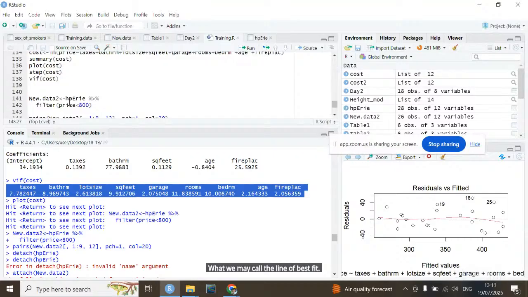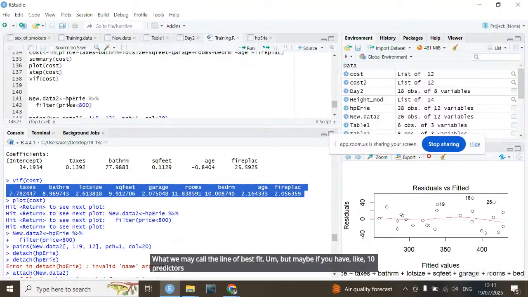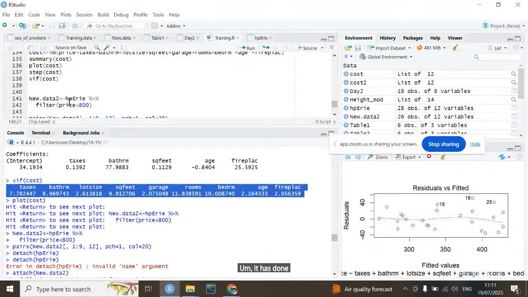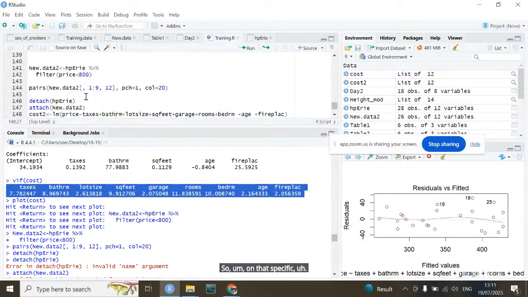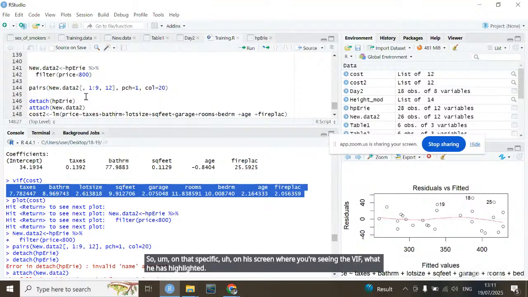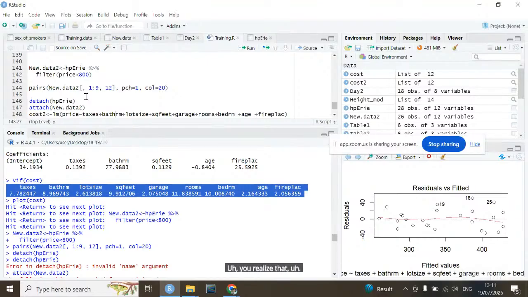If we have, say, 10 predictors, it has done the analysis and realized that 4 or 5 predictors are the best predictors in explaining the response variable. For example, we are looking at the price. So on his screen where you're seeing the VIF, what he has highlighted, you realize that we have about 1, 2, 3, 4, 5, 6, 7, 8, 9.